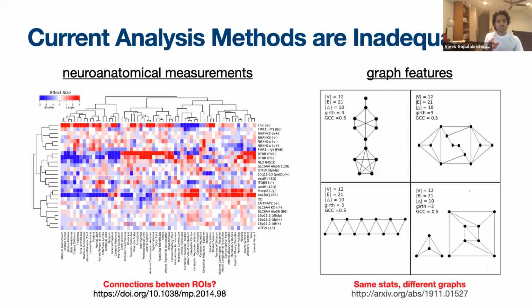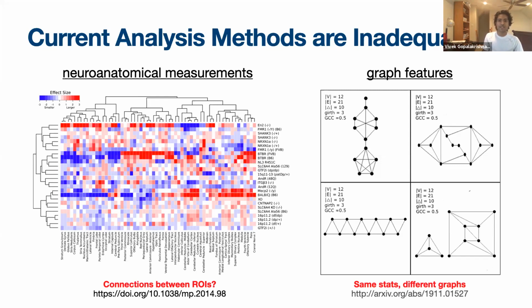The second approach is to use some sort of graph metrics. These are functions that measure properties about the graphs using some sort of formula, and they're very popular to use. While they give you some measure of connections between different parts of the brain, they can sometimes be misleading. This is a really great illustration of this.